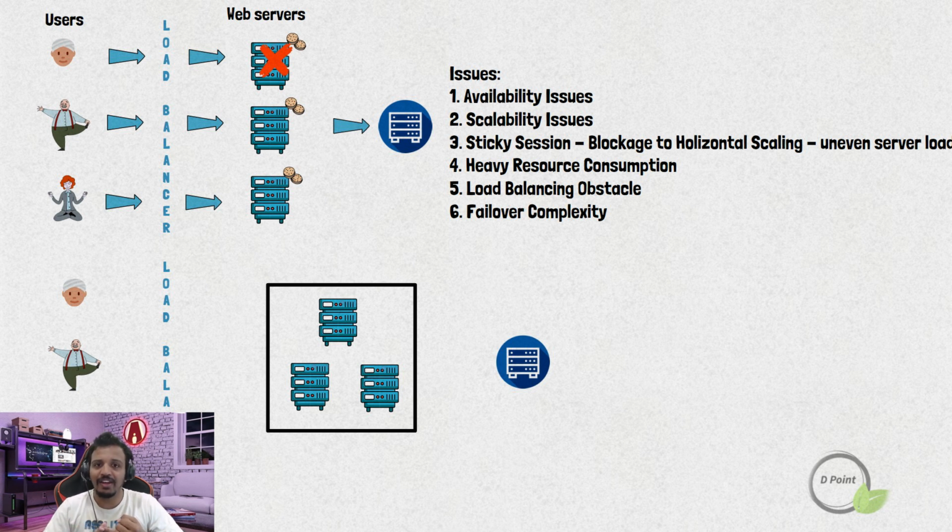Second, if caching needs to be implemented on the overall application, it needs to be implemented at the application level and not at the web server level. When we say application level, it means the caching is done at a common storage which is accessible by all the web servers. A shared storage, we can say.